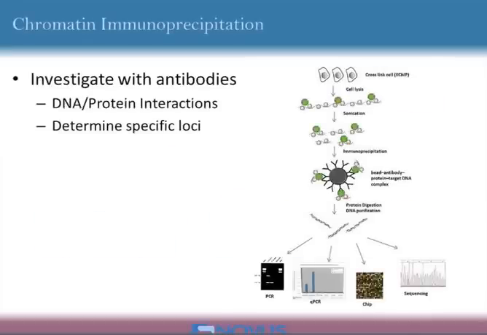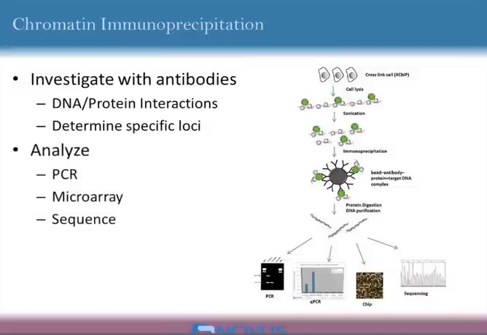So just basically, what is ChIP? ChIP is using antibodies to look at DNA and protein interactions. Normally, when we're doing any sort of immunoassay, our end reporter is looking at the antibody activity and looking directly at the protein. Whereas here, that is just an intermediary step, and our end step is actually looking at the quantification of DNA to determine specific locus or loci that the protein or proteins were binding to.